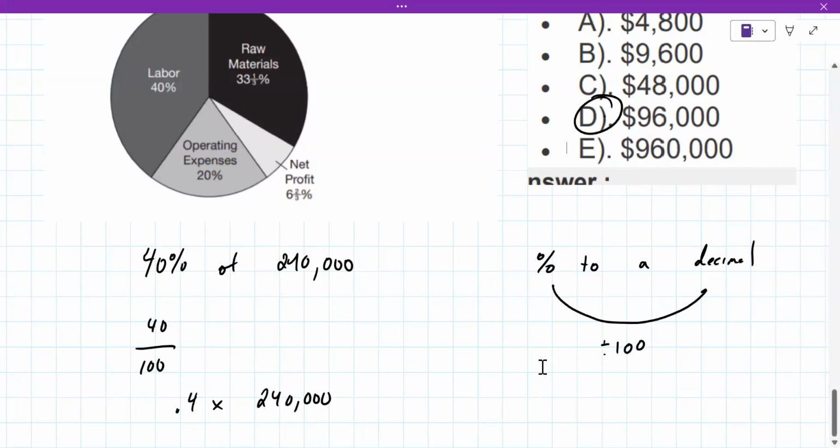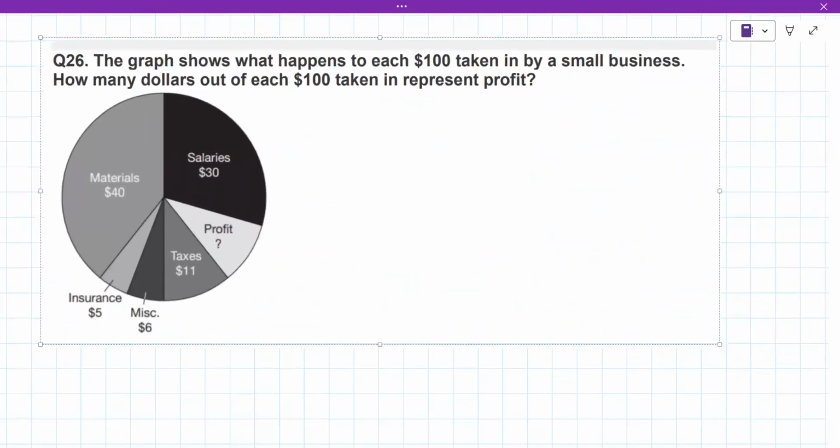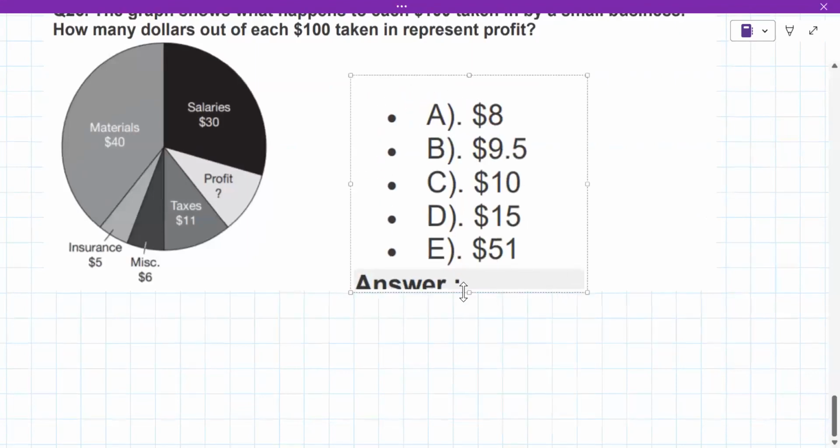Okay. I think I've got another pie chart here. Let me get some answers snipped in here as well. All right.